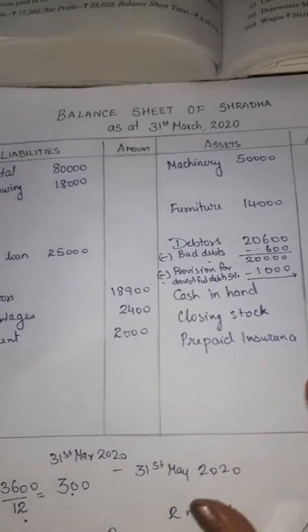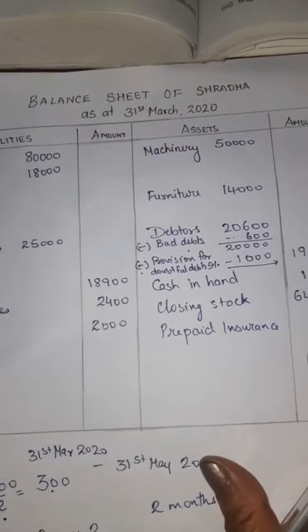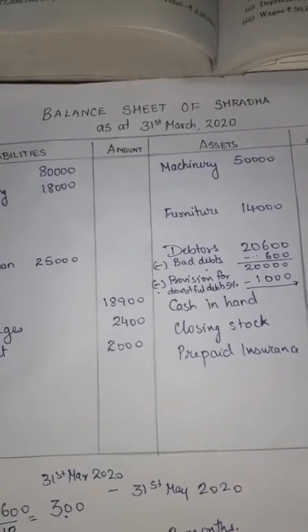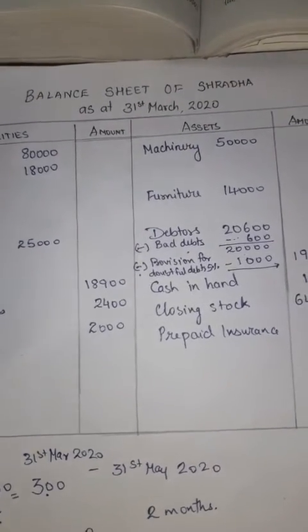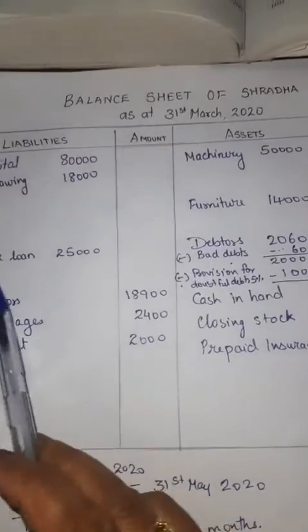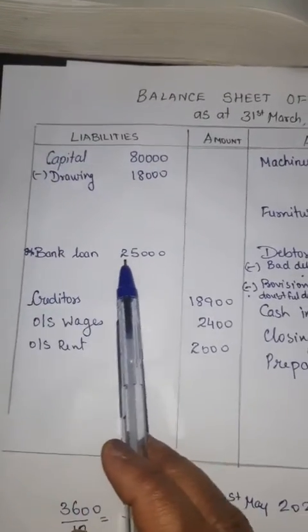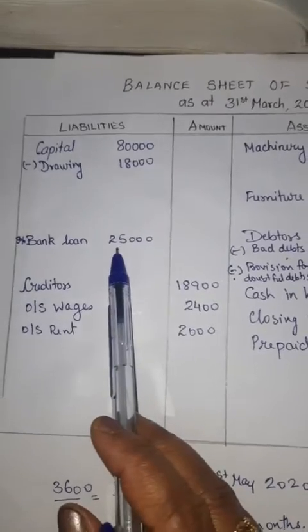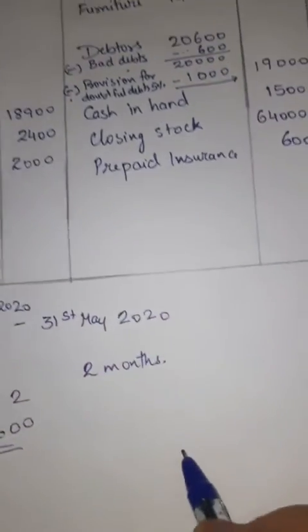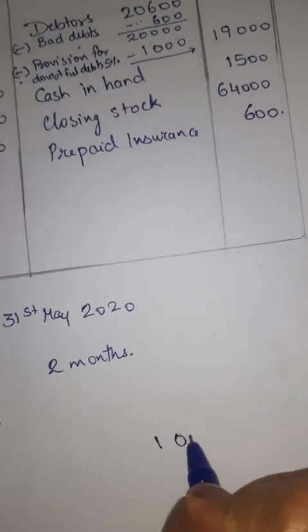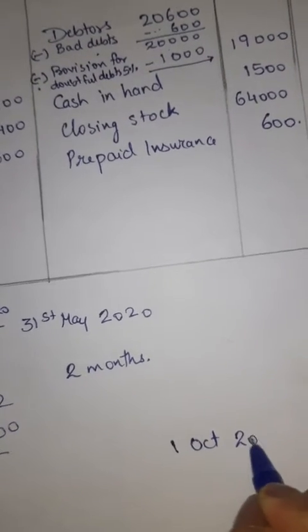Next is loan from bank. The seventh adjustment: loan from bank was taken on 1st October 2019. So we have an 8% bank loan of 25,000. This loan was taken on 1st October 2019.